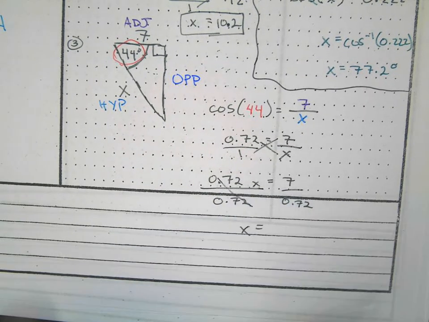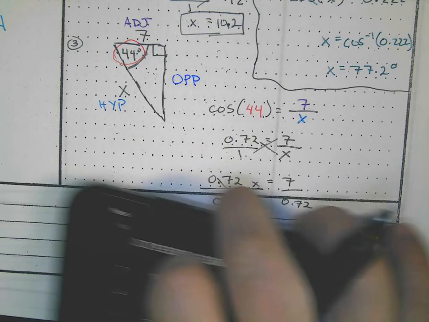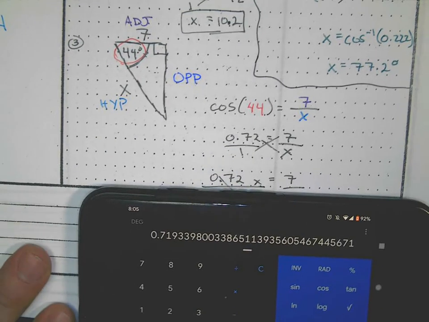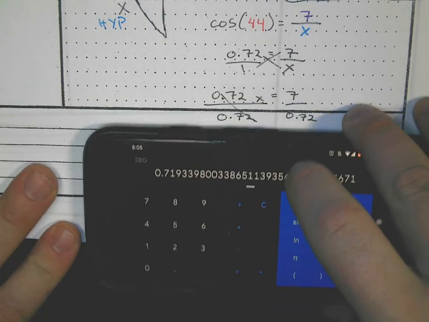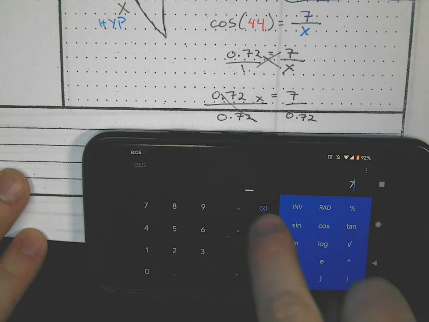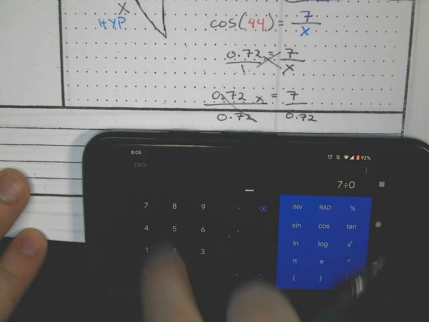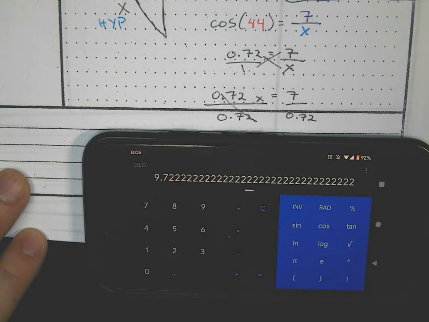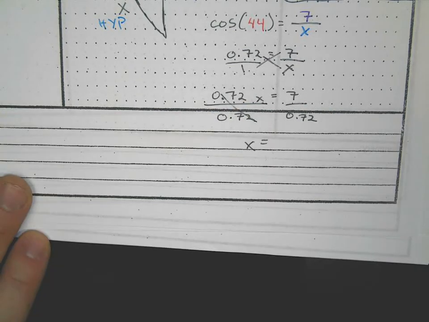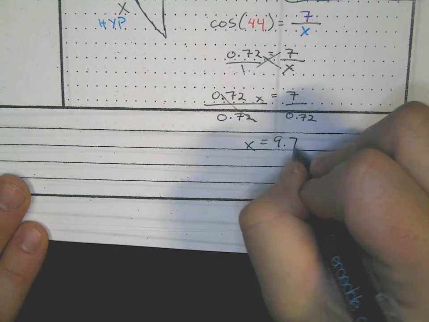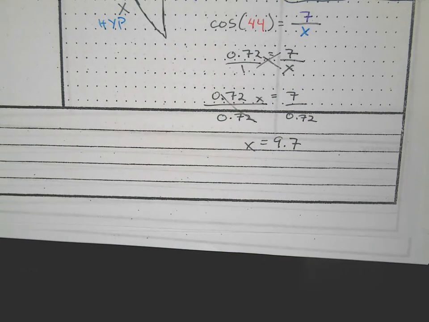And we'll get x equals, I'm just going to do 7 divided by 0.72. 7 divided by 0.72 equals 9.7. So we found x is equal to 9.7.